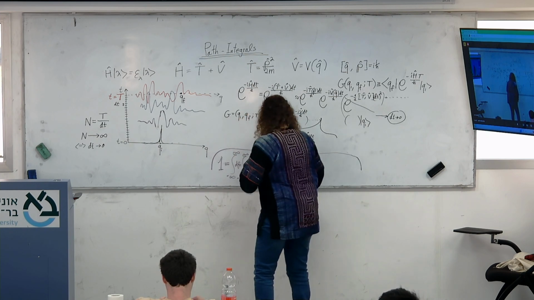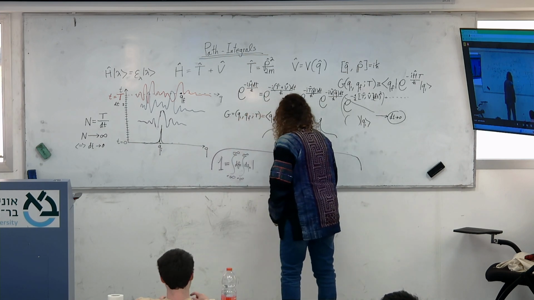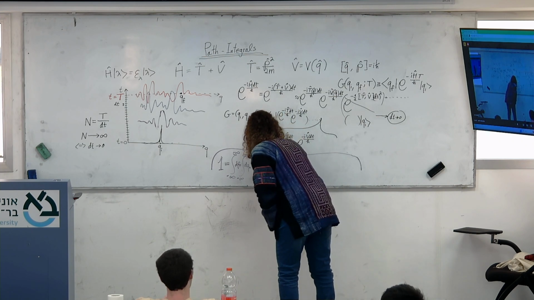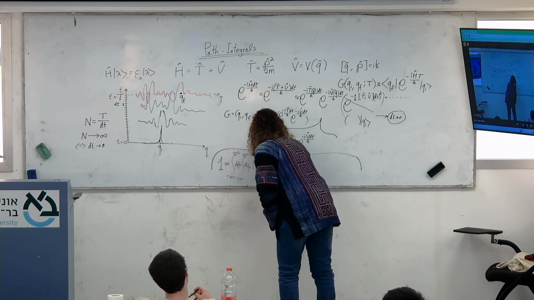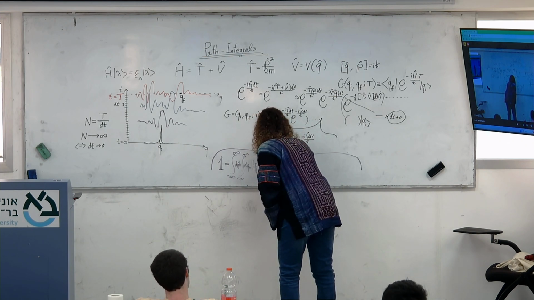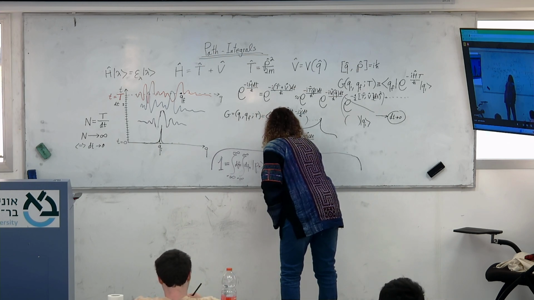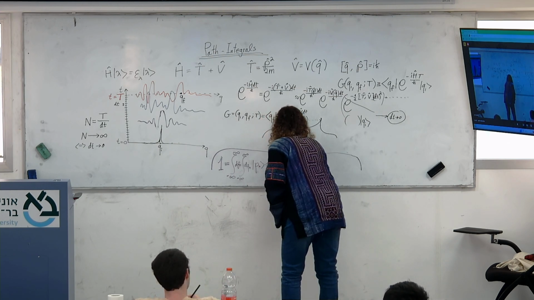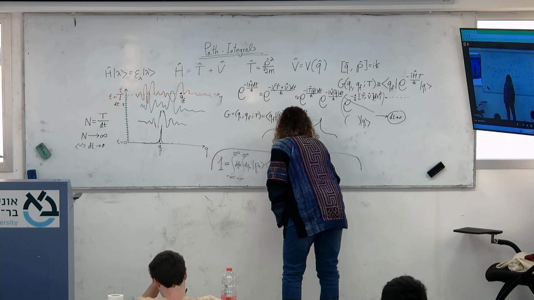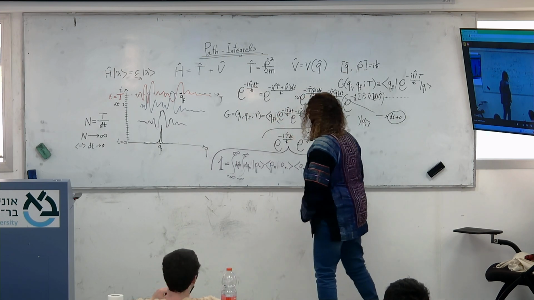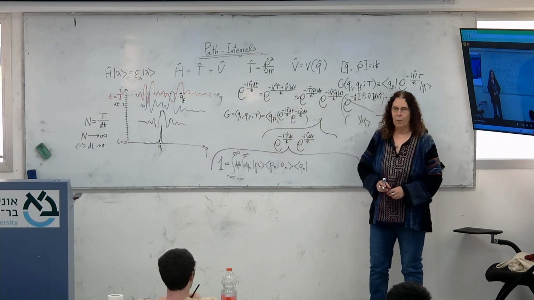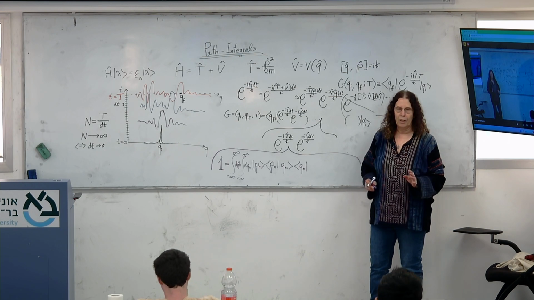Okay, and now I do P_n, Q_n, okay? And I think you agree with me that this is a resolution of identity, right?